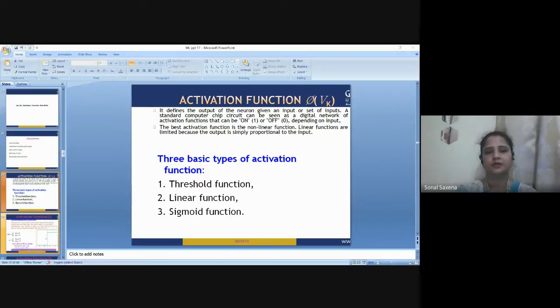A neuron cannot learn with just a linear function attached to it. A non-linear activation function will let it learn as per the difference with respect to errors. Hence, we need to have activation functions.